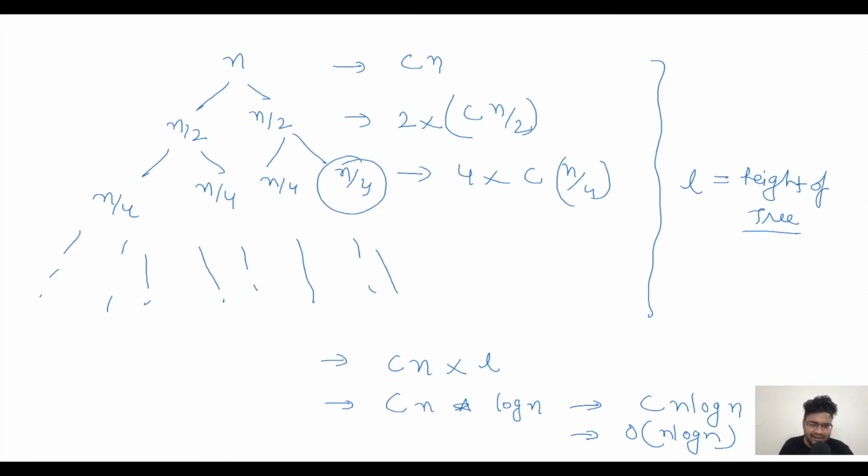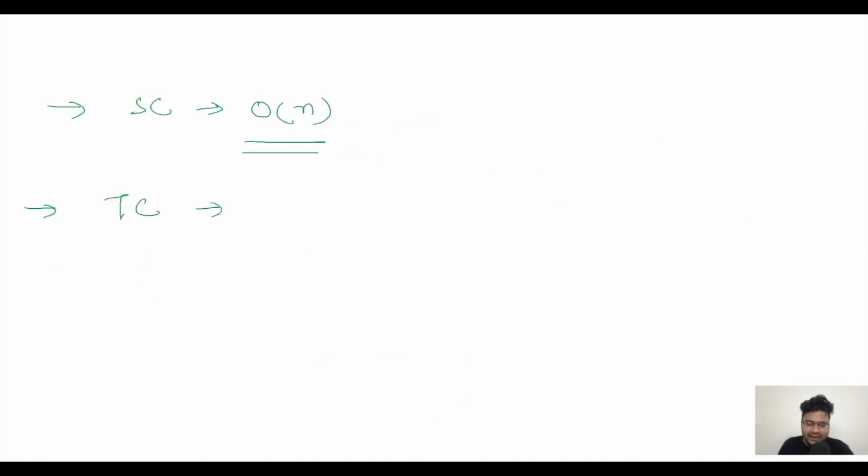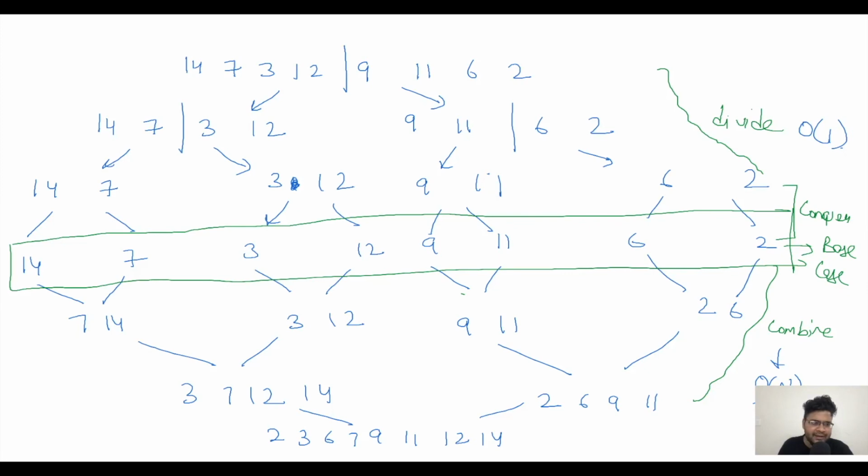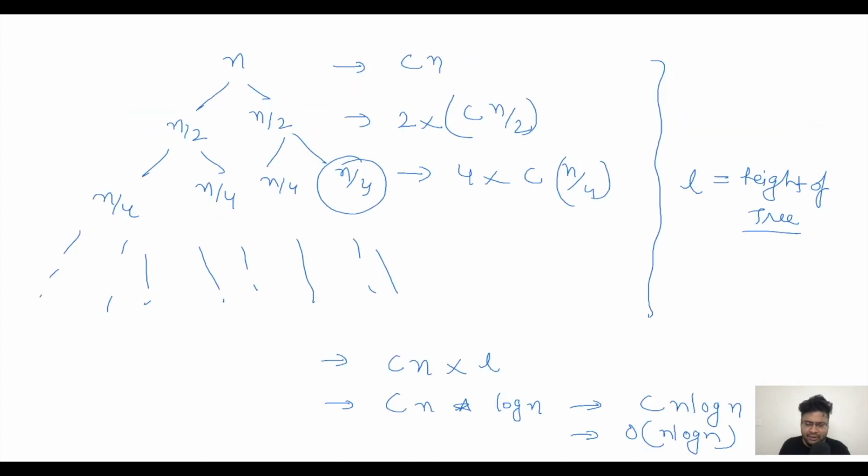I will repeat again. How we are getting here is, I am taking divide and combine as one single operation, and divide takes O(1) time complexity, combine takes O(n) time complexity. So if we do this, this will be a single inverted tree just like this, and at every level we are spending C into n.